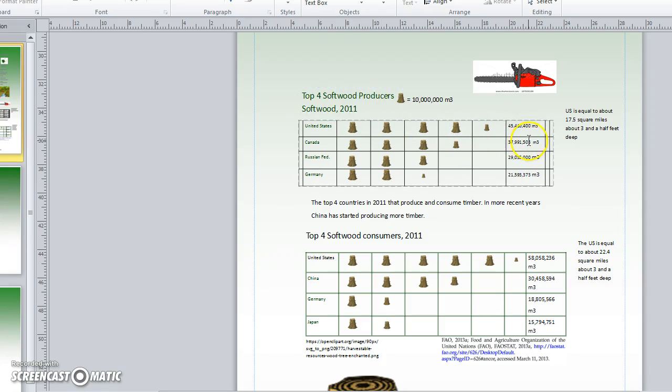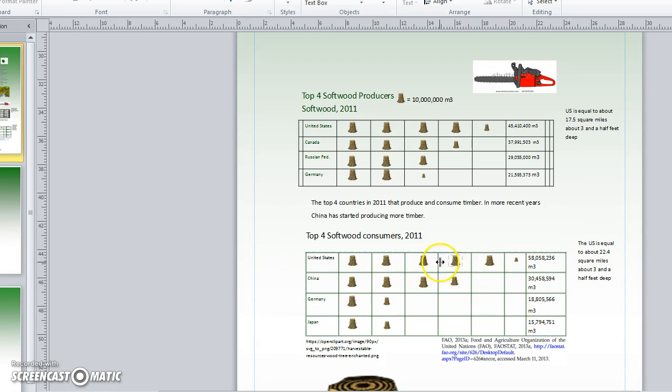And this was in 2011. That was the most current data I could find. And I would show them that this number is equal to 17.5 square miles and about 3.5 feet deep. So that can give kids a better idea of how much wood that actually is.